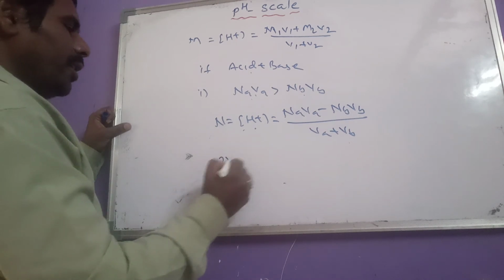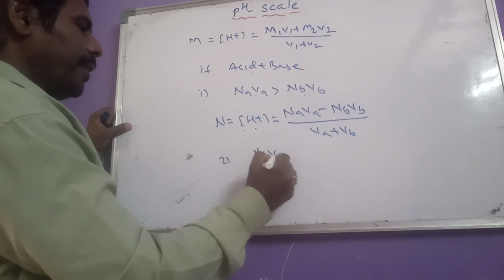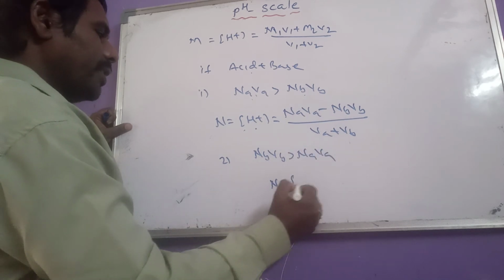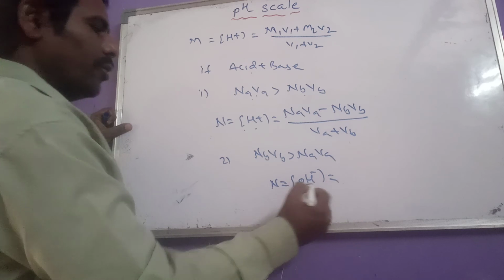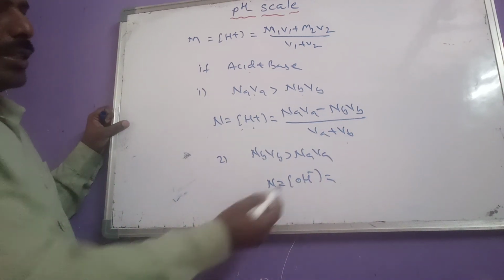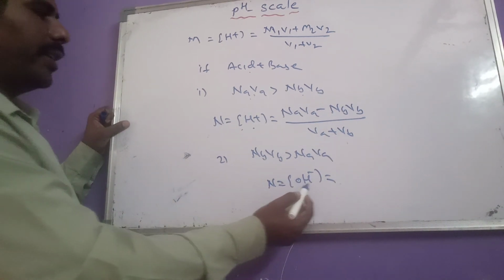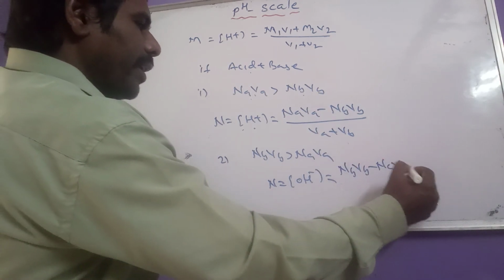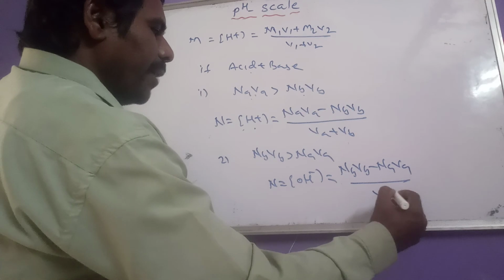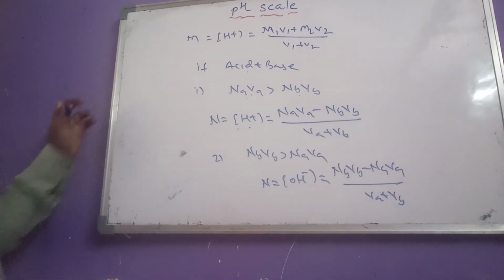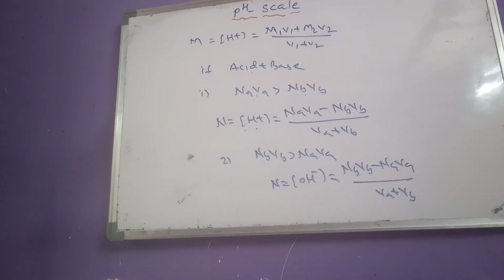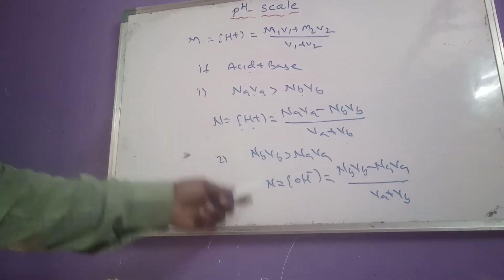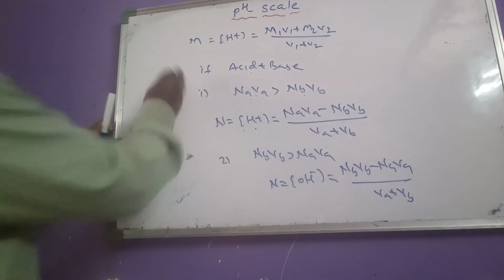If NbVb is greater than NaVa, the solution has basic nature, and OH minus concentration is NbVb minus NaVa by Va plus Vb. Using these expressions we calculate either H plus or OH minus ion concentration.